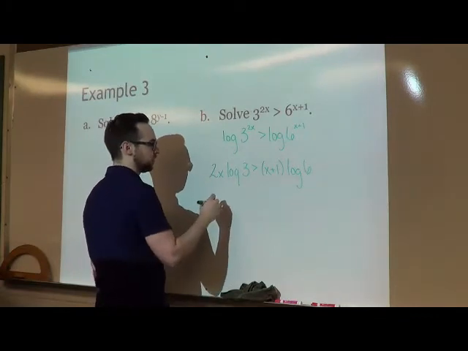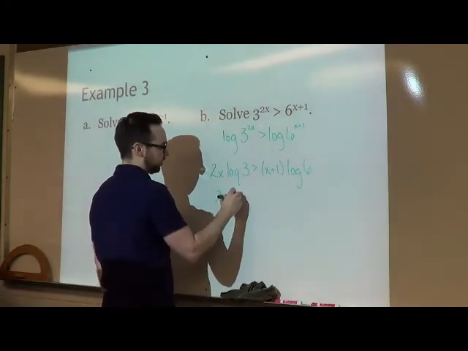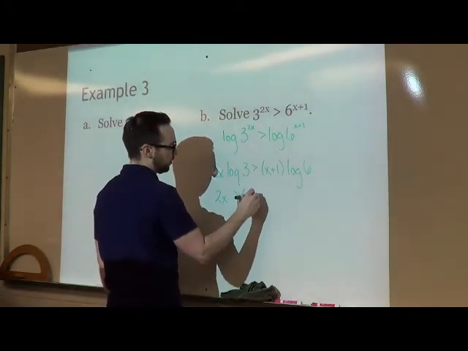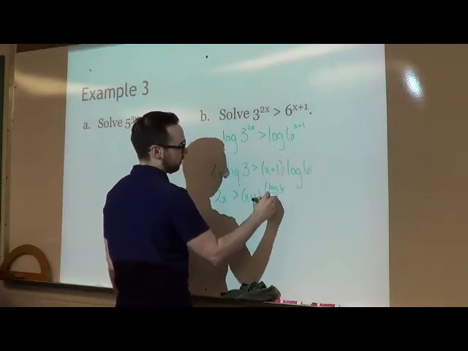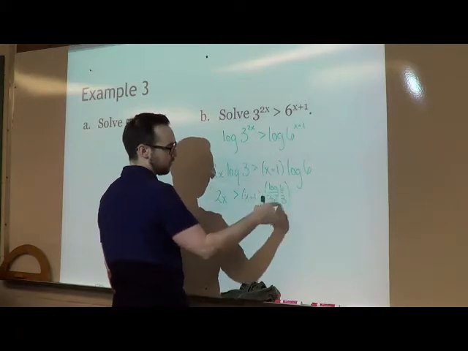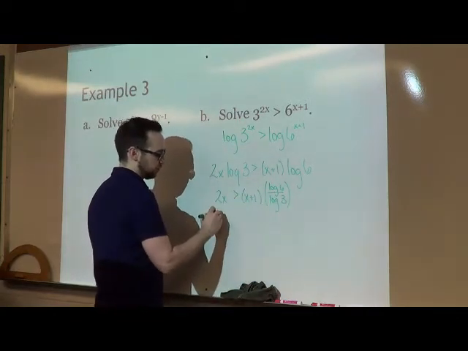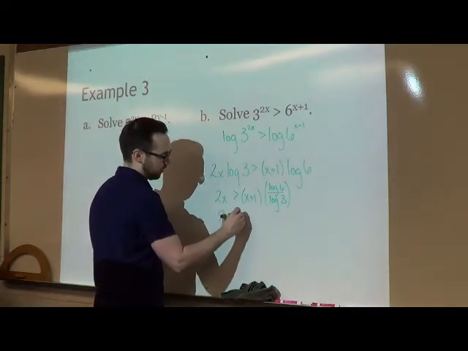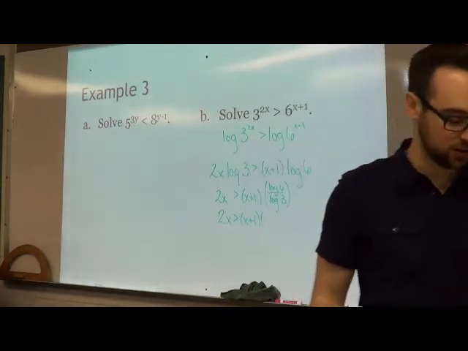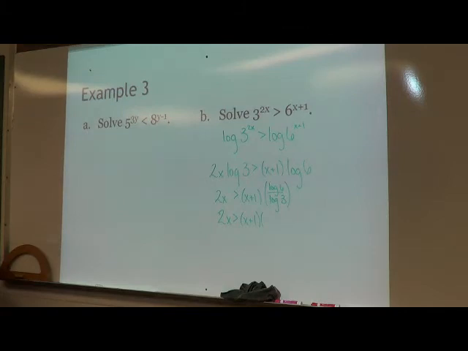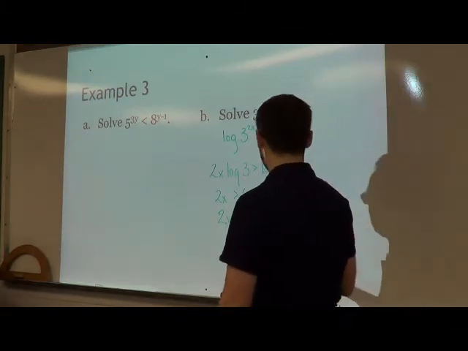Divide by one of the logarithms, so we have 2x is greater than the quantity x plus 1 times the log of 6 divided by the log of 3. Again, I'm going to go ahead and do that this time so I can distribute through, so I can actually get an answer there. So we're going to have the log of 6 divided by the log of 3, which is 1.631.